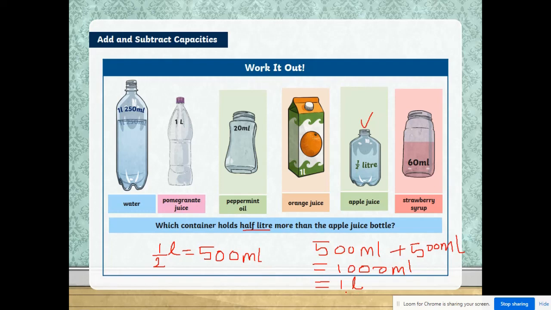So now let's search for the container which has 1000 milliliters as its capacity or 1 liter as its capacity. Okay, so we have the pomegranate juice bottle and the orange juice Tetra Pak. So these two containers have the capacity of 1 liter, which is half liter more than the apple juice bottle. So the answer is pomegranate juice bottle and orange juice Tetra Pak hold half liter more than the apple juice bottle.